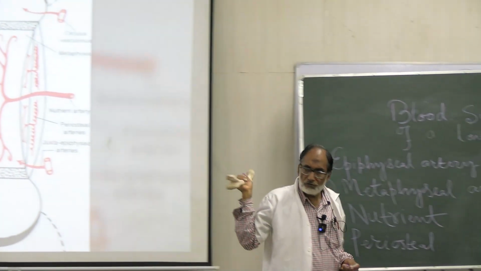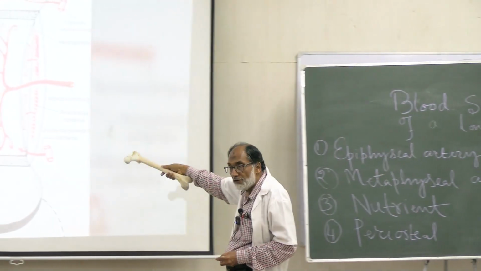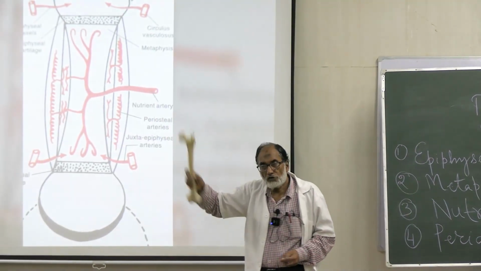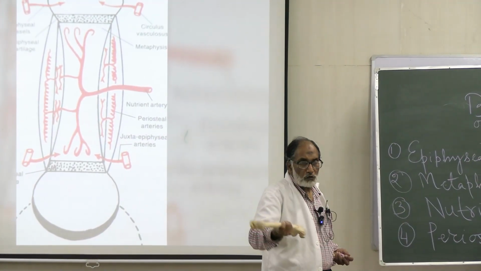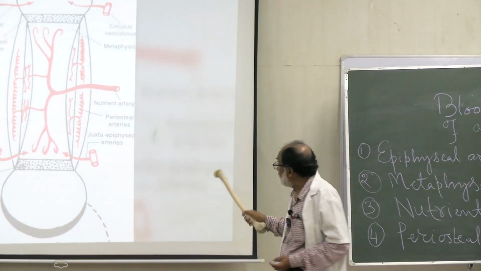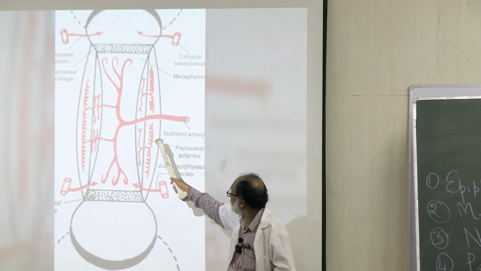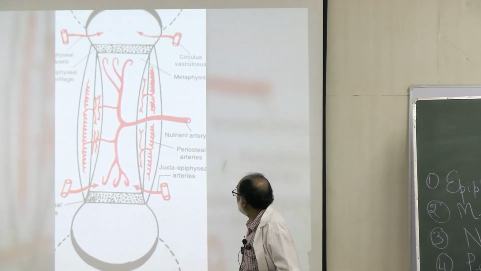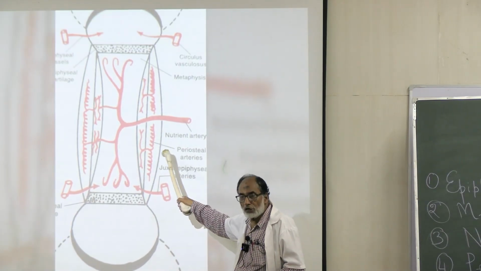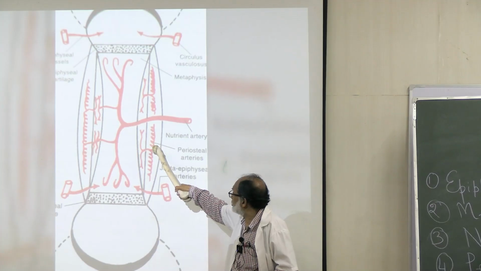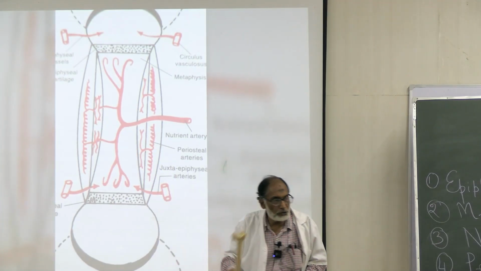Apart from the bone, it also supplies the medullary cavity. Medullary cavity contains what? Bone marrow. So it supplies the inner two-third of the shaft or cortex of the long bone, and the outer one-third is supplied by the periosteal artery. I am coming to it later.